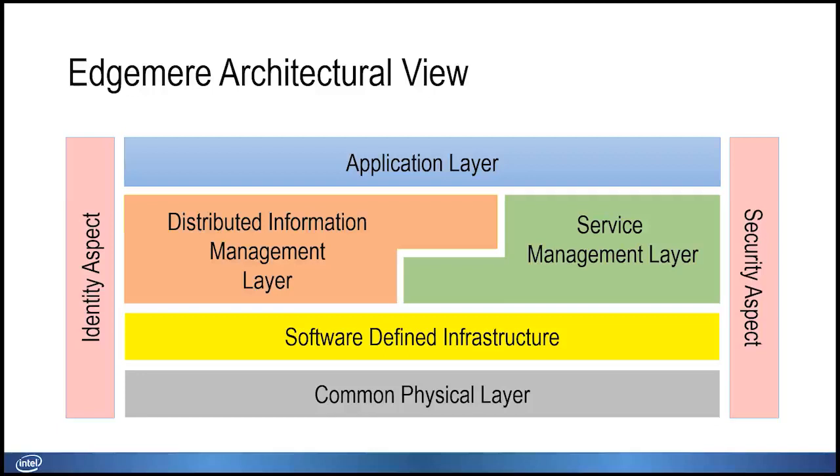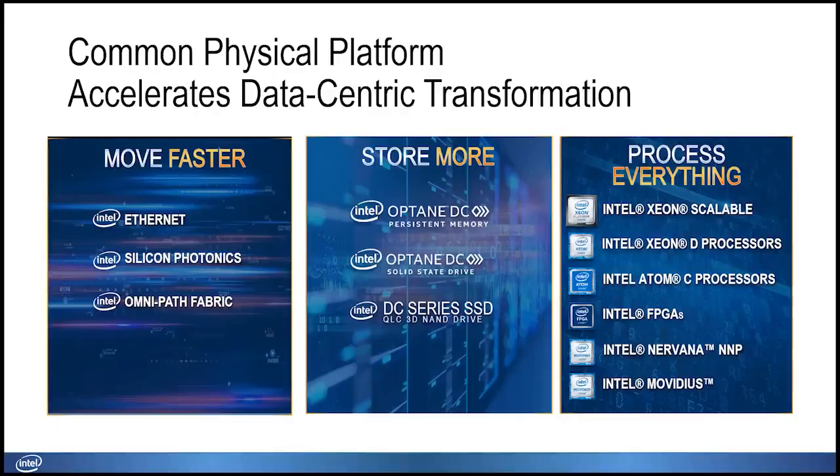Now, some people say, well, how does Intel fit into this? One of the key elements that you need here is that common physical layer. The common physical layer means that I can control and manage all of those resources, whether they're an IoT device, in the data center, or in a remote location or a remote office.